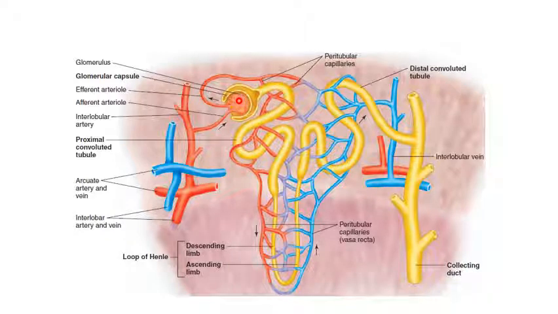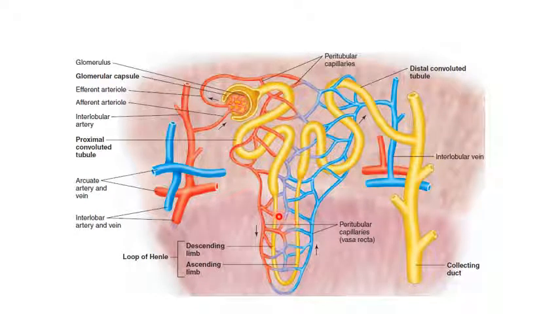Because of the high pressure, plasma filters out of these capillaries as glomerular filtrate and enters the Bowman's capsule. So this high pressure is responsible for the formation of glomerular filtrate, which is the first step of urine formation. Therefore, glomerular filtrate formation is called pressure filtration or ultrafiltration.